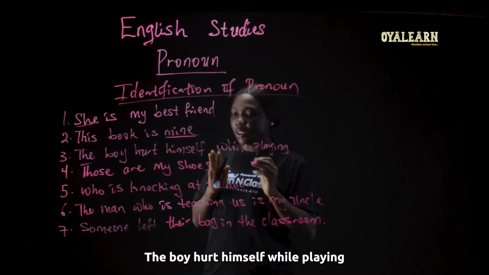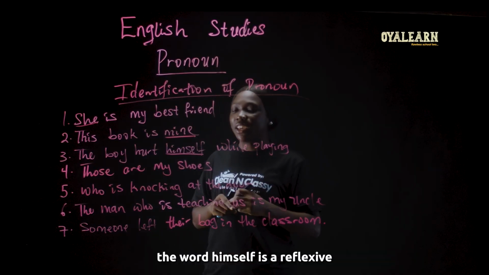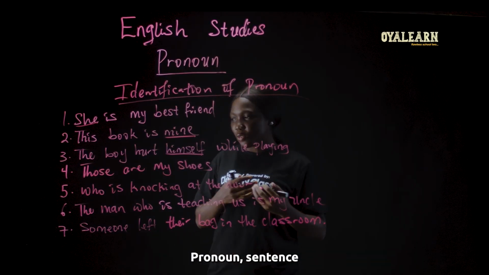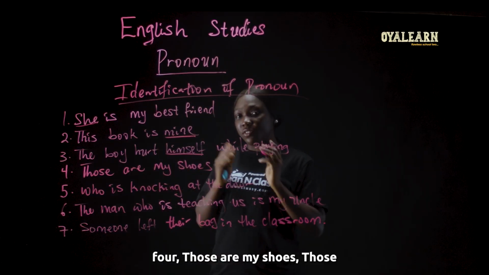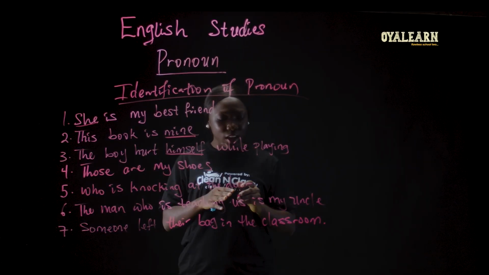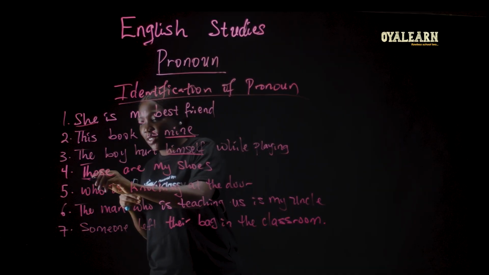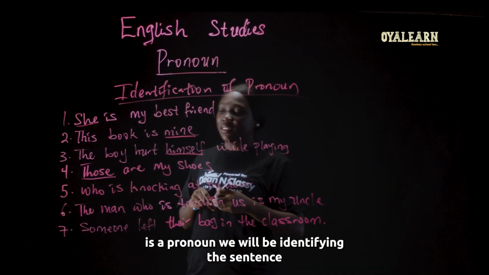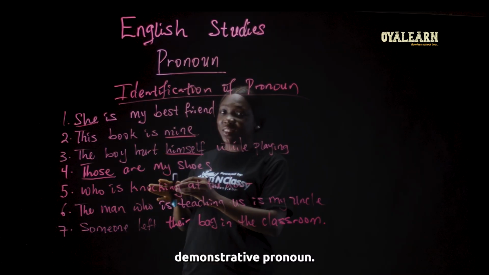The word himself is a reflexive pronoun. Sentence 4. "Those are my shoes." Now, those is the pronoun we'll be identifying in the sentence, and those is a demonstrative pronoun.